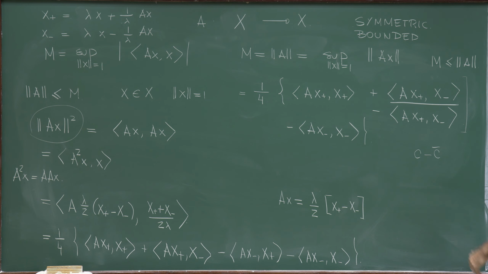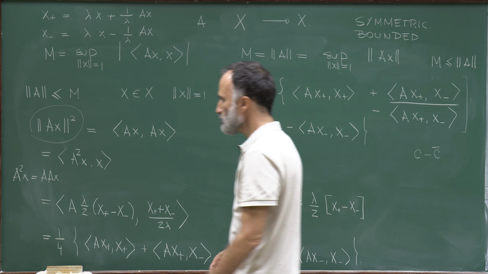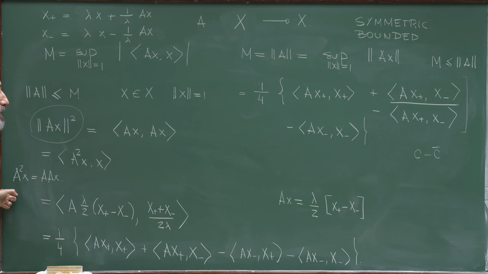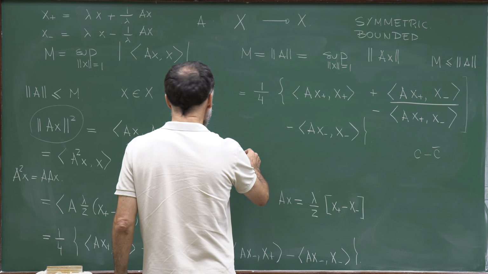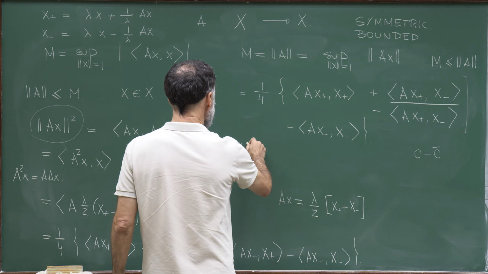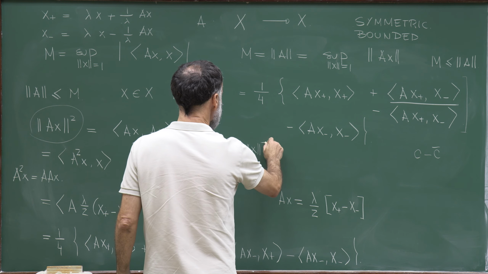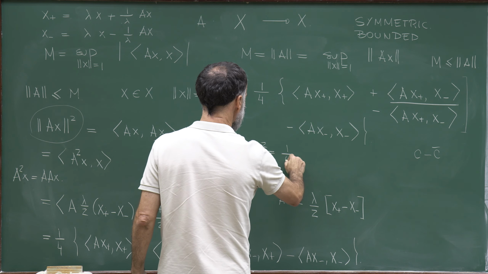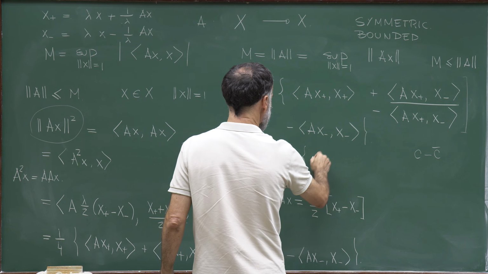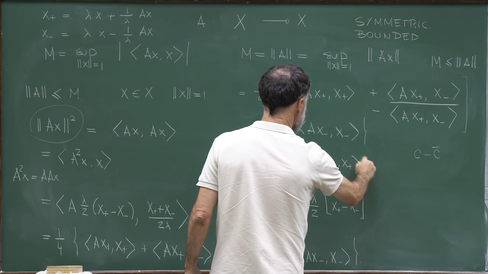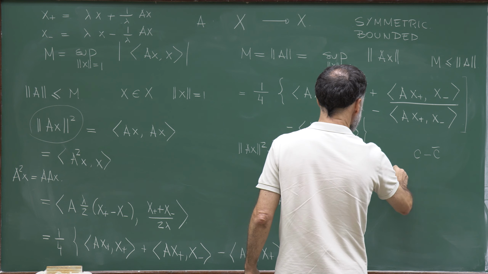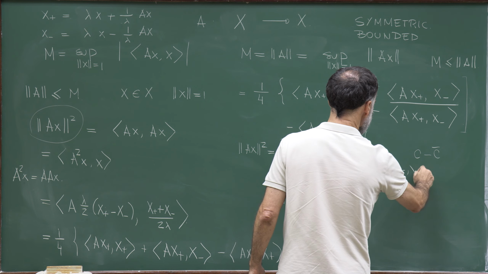So if I consider only the real parts, and I know that this is real, what I get actually is that the norm of ax squared is equal to 1/4 of ax plus x plus minus ax minus x minus.